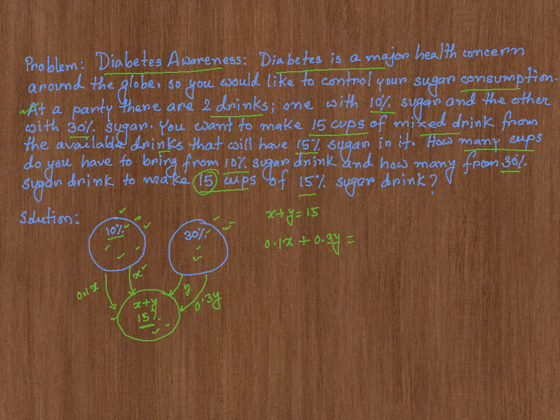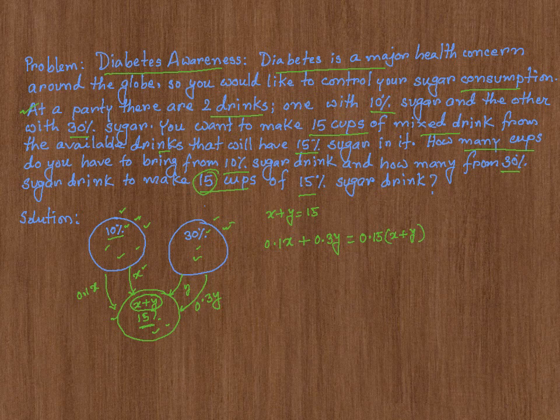That should be mixed together to give you 15% or 0.15. But remember, 15% of something, 15% of the total drink, which is X plus Y. X plus Y.